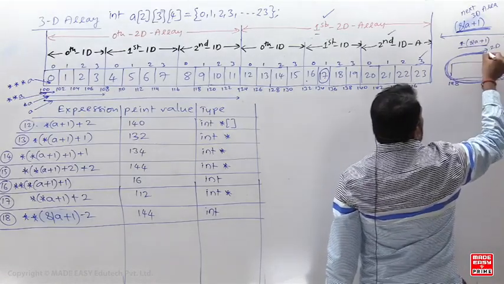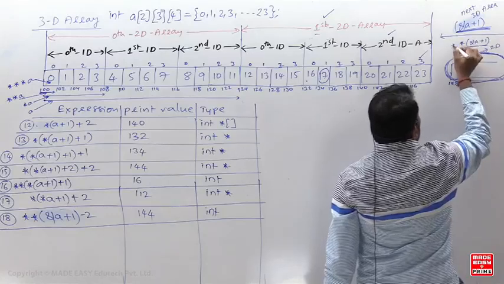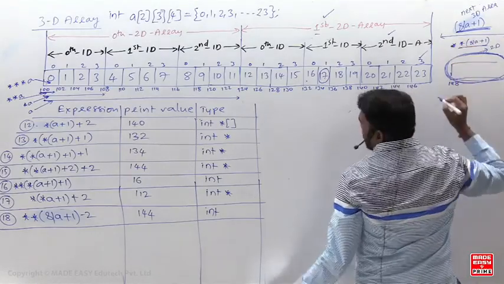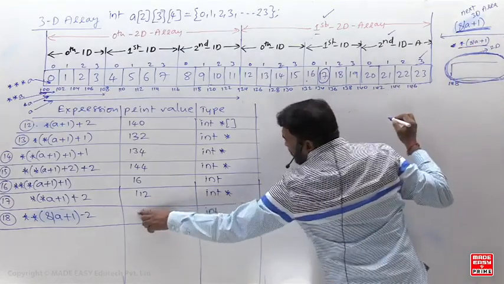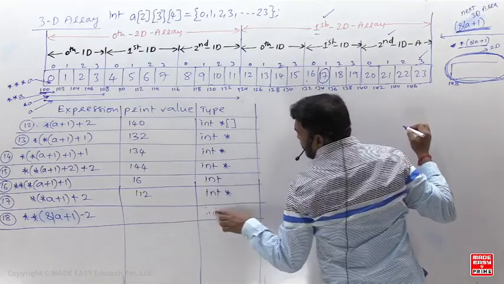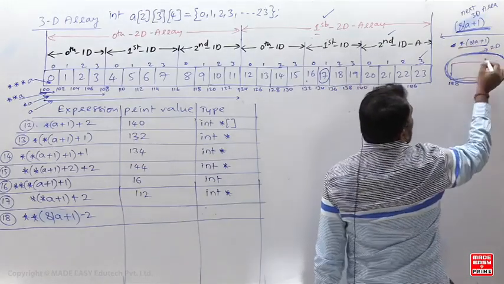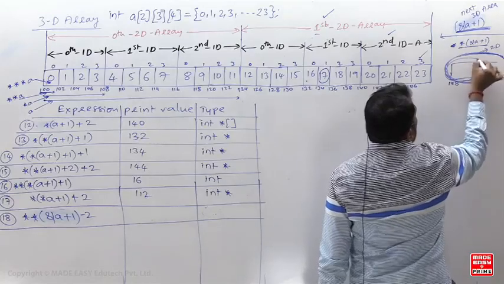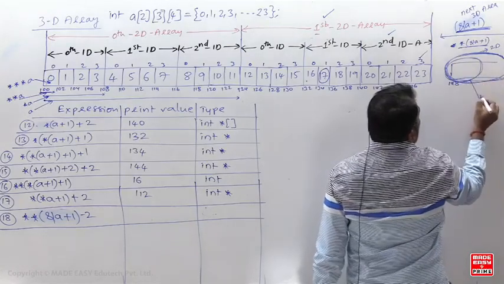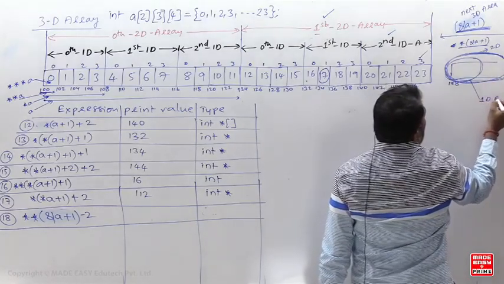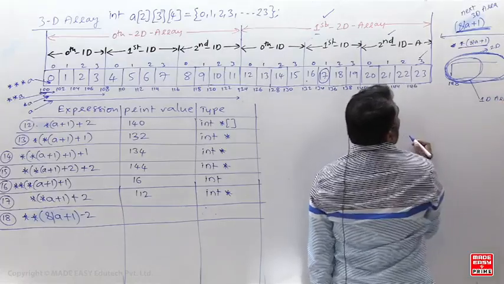If I apply one more star, now it is pointing to the 1D array.